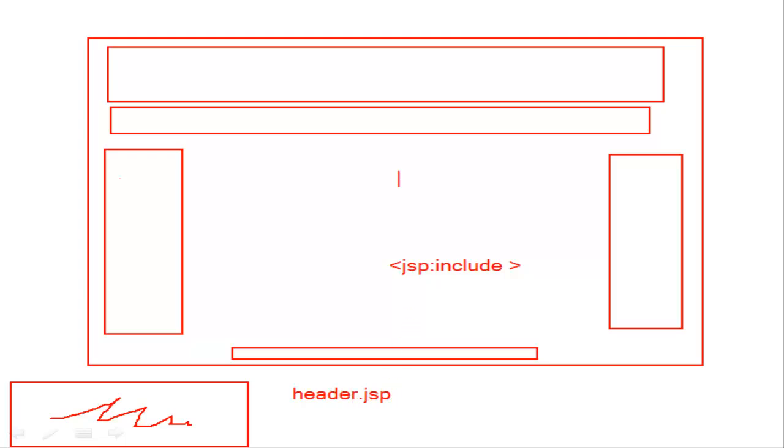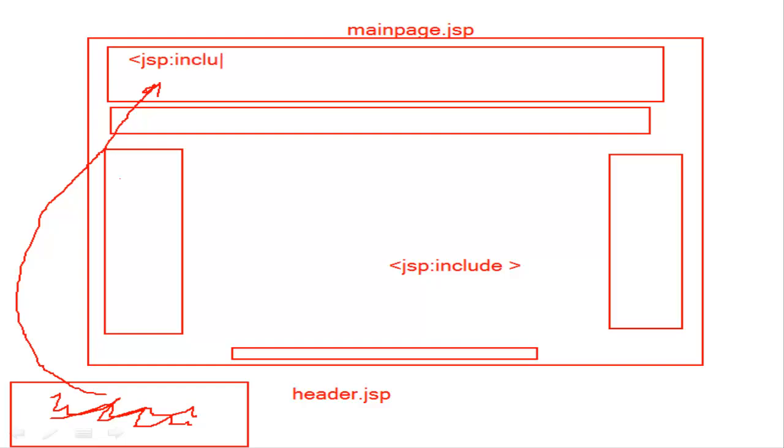Let me call it header.jsp. This is my main page. I have designed all the headers here with all the colors and all the things. If I want this page to be included at this location, I can go to my JSP and say JSP include file equal to header.jsp.